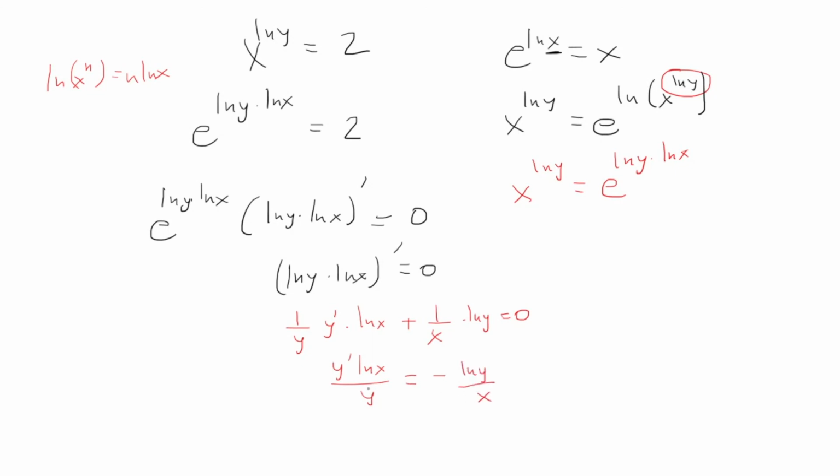And then multiply both sides by y and divide by ln of x to get that y prime is going to be negative y ln of y over x ln of x. And this is exactly the same answer as we got before.